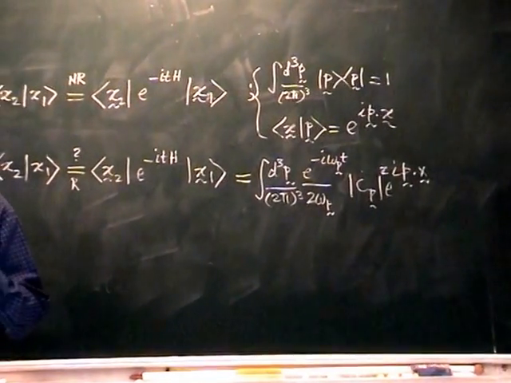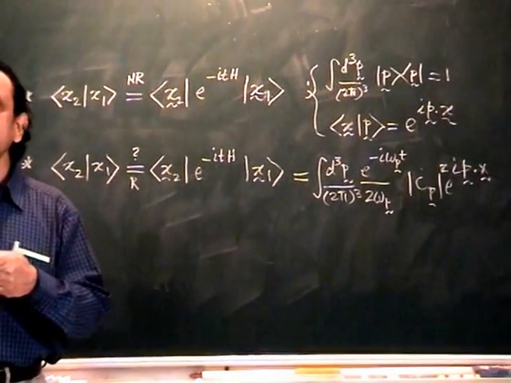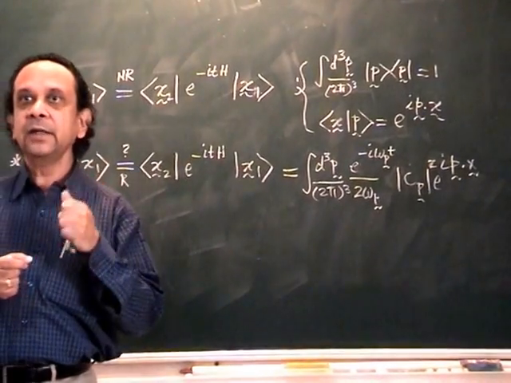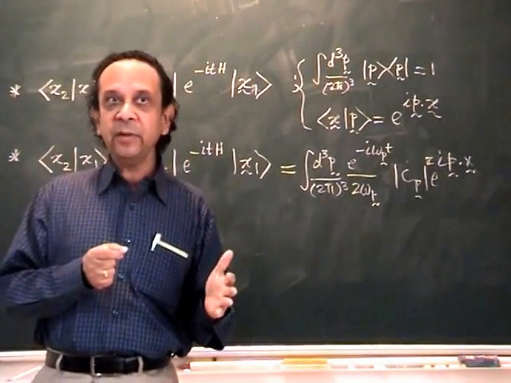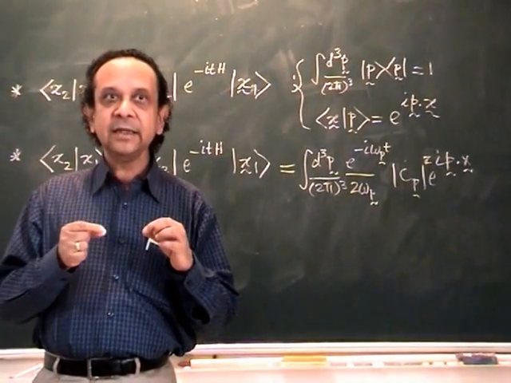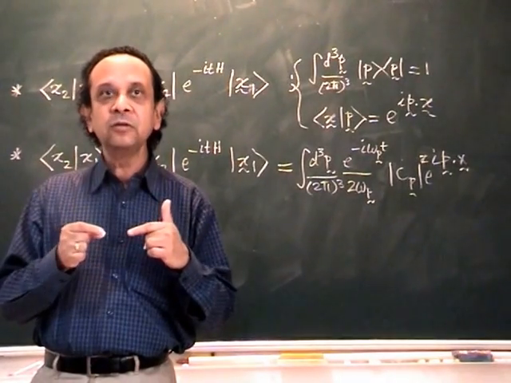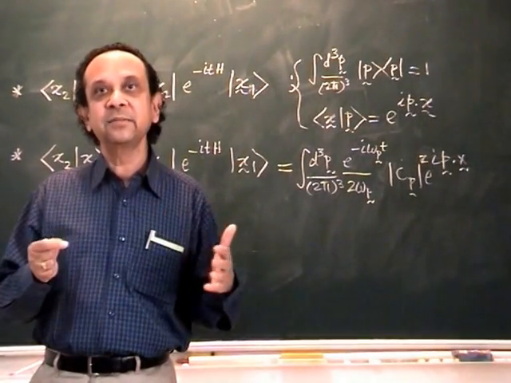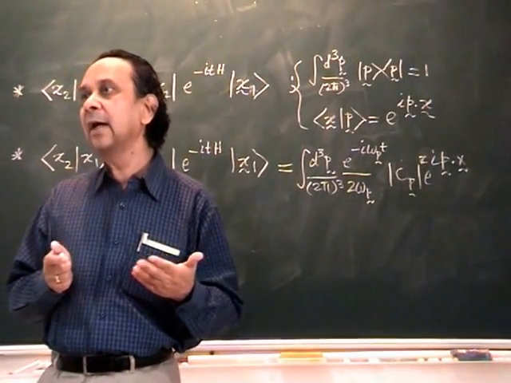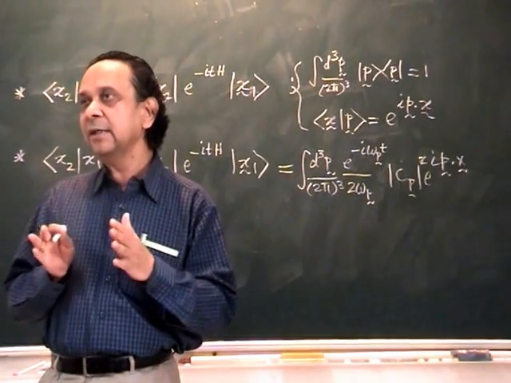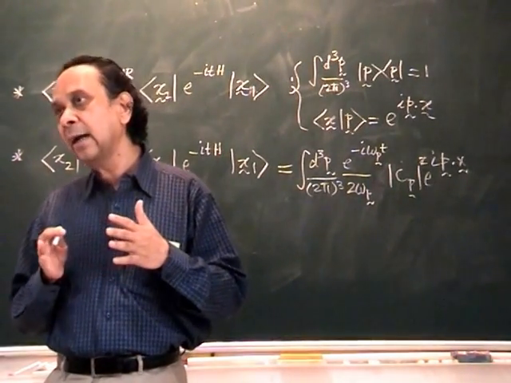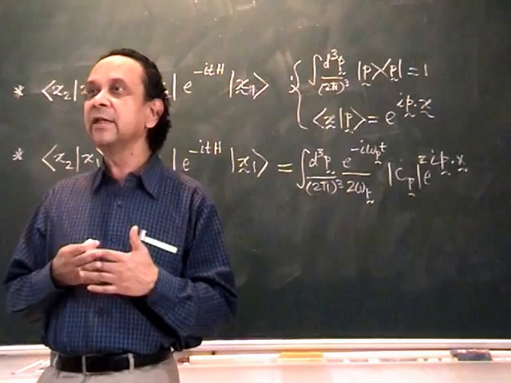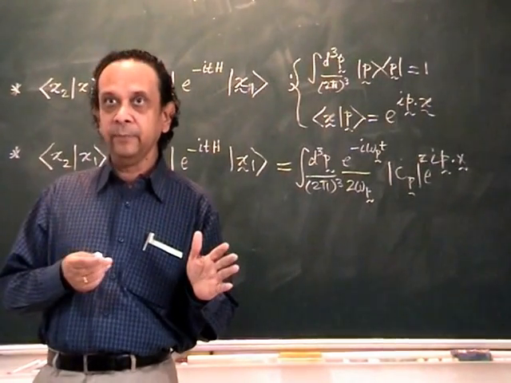So if there is a delta x uncertainty in the position, which leads to an h-bar upon delta x uncertainty in the momentum, when you lower the delta x to a value below something like h-bar over mc, delta p will be larger than mc. That will violate your original postulate that you are working with a single particle Hamiltonian.